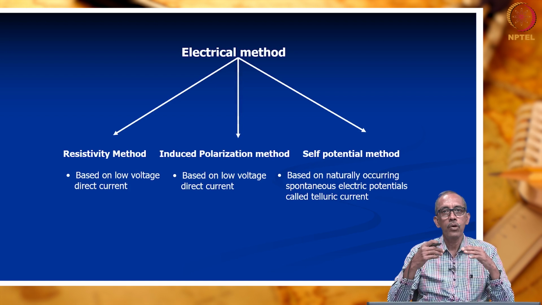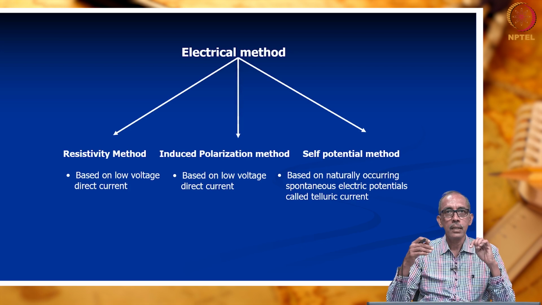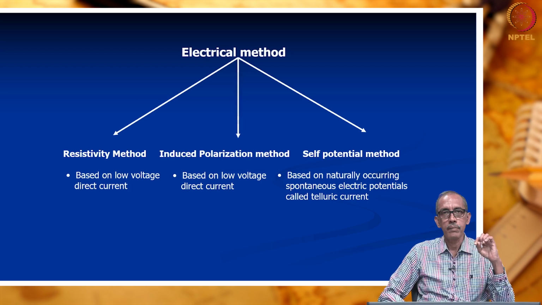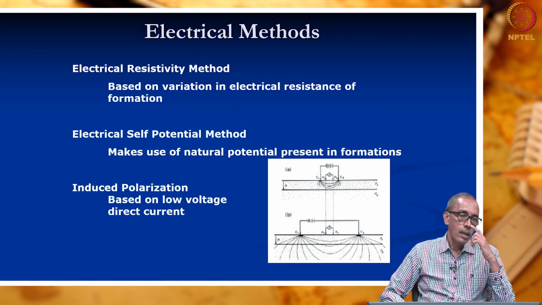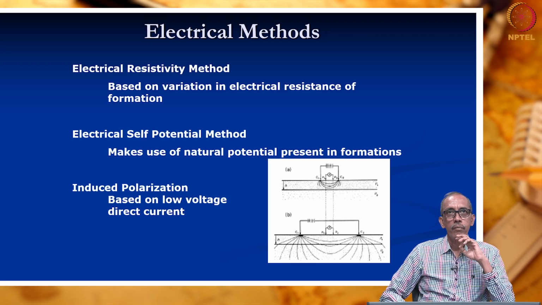Out of them, the most important ones we are seeing today, that is resistivity method, induced polarization method, and self-potential method. Right. Let us have a look into what they refer to.